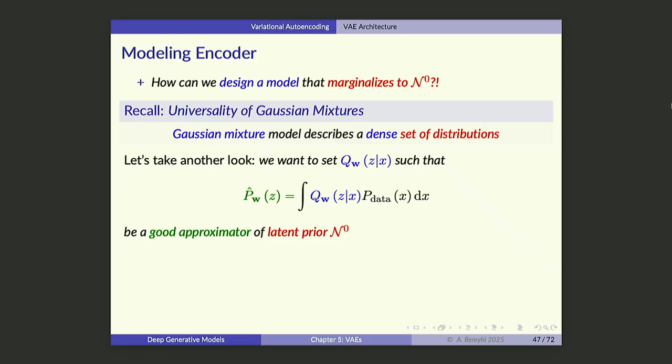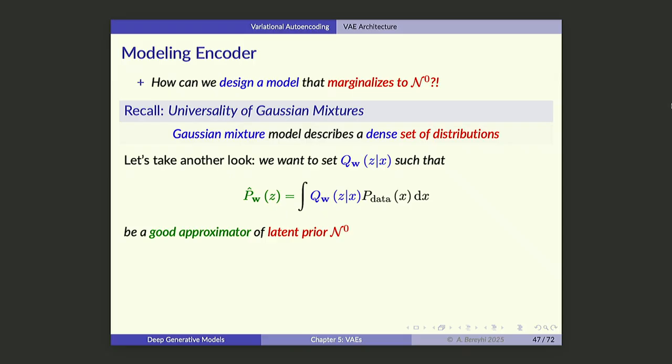Now, what do you think is a good choice of Q? How can I design Q? Gaussian, great. I need to make a Gaussian with a mean and variance which depend on x. If I do that, then P hat is going to be a Gaussian mixture.